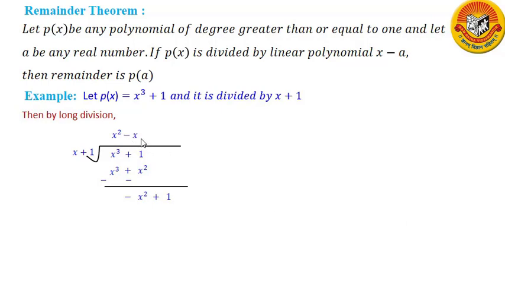So the next term in the quotient is minus x. Now I multiply this minus x with this x plus 1. When this minus x is multiplied by x, I will get minus x square. When this minus x is multiplied by 1, I will get minus x. So this is minus x square and here it is minus x.